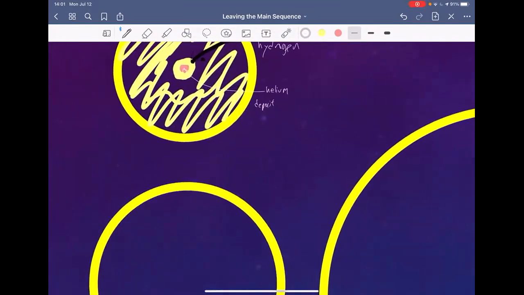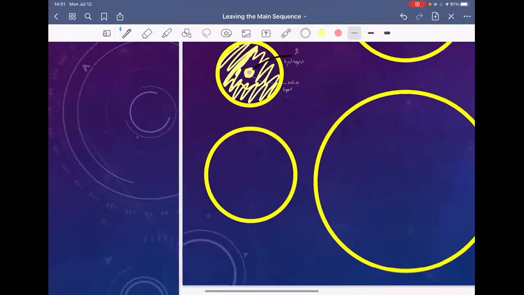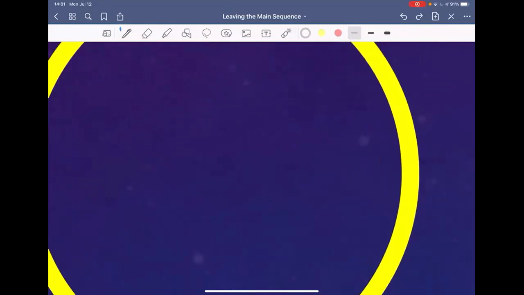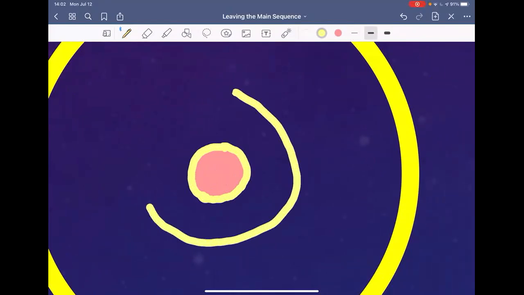What happens once that hydrogen starts to run out? As we saw from the video, the size of our star starts to go from this size to something a little bit bigger. The reason for that is that our core becomes mostly helium. Most of that helium is now stuck inside the core, and you have just a very fine layer of hydrogen that's still fusing. Then we have a hydrogen shell around it.